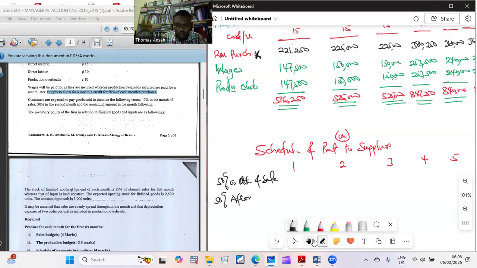So if you pick this figure, you are going to do 50% of it in the month, then the remaining 50% goes into the next month. All right. So let's see figures that we have. The payment, 50% of this one was 110,625.